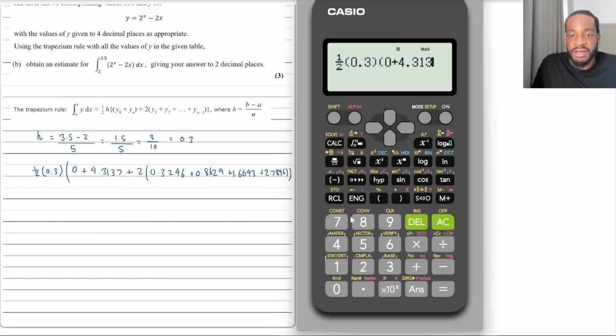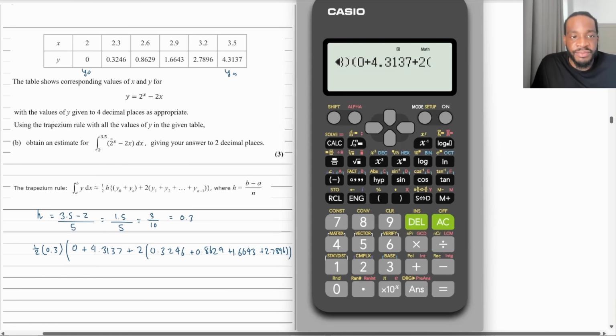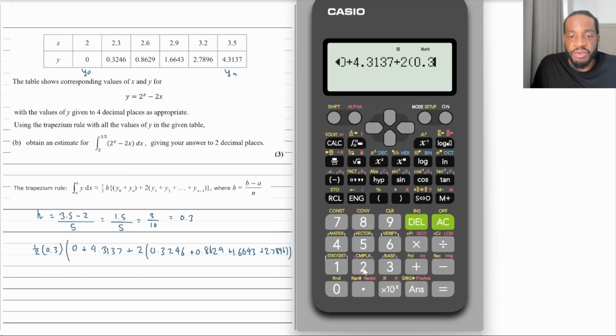3137 and then plus 2, and then you know what, just because sometimes I can't trust my handwriting, I'm going to get these here. So 4.3137, that's fine, and then 2 times everything in between, so 0.3246, that's fine, plus 0.8629, that's also fine, and then 1.6643 plus 2.7896, and then close bracket, that gives me that there.